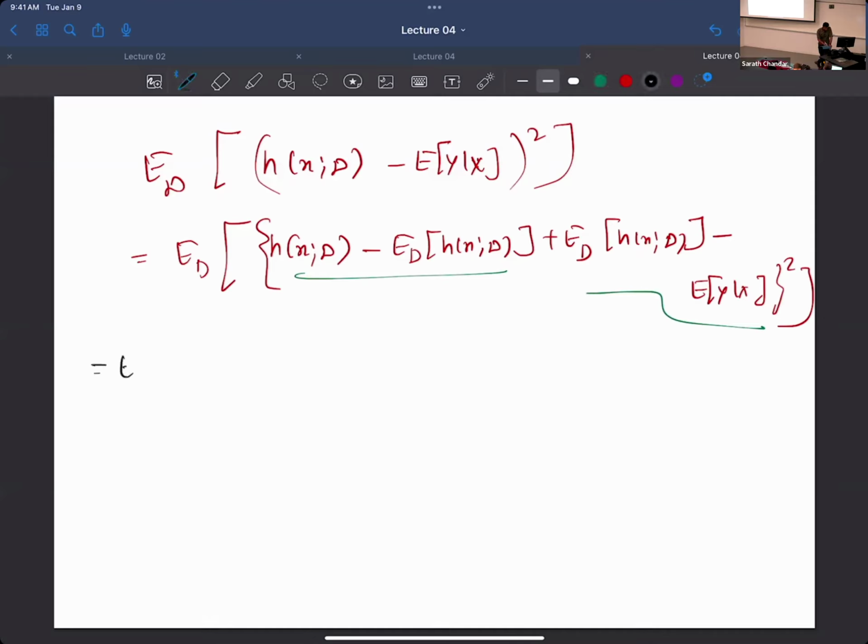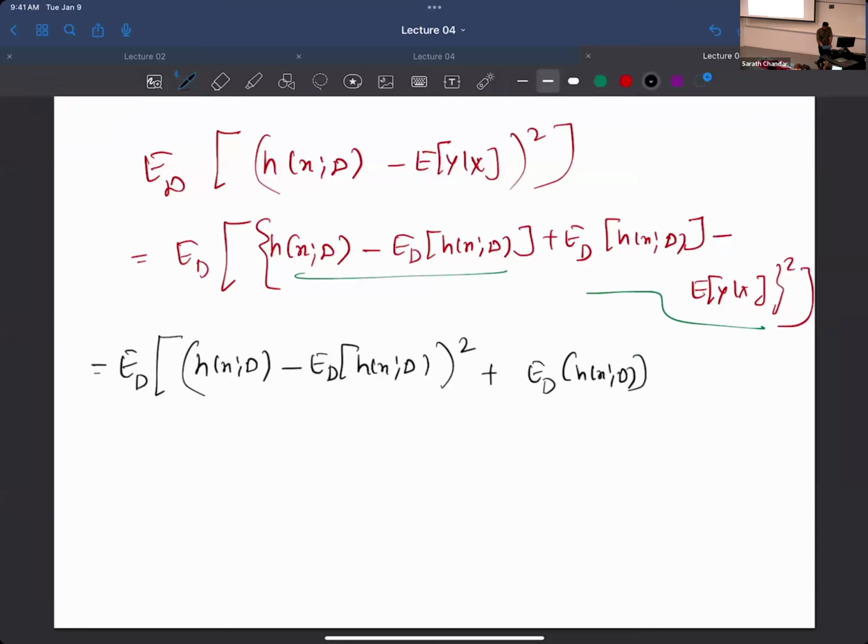So this can be written as expected value of h of x given D minus expected value of h of x given D, the whole square, plus expected value of h of x given D minus E of y given x, the whole square, plus 2ab.